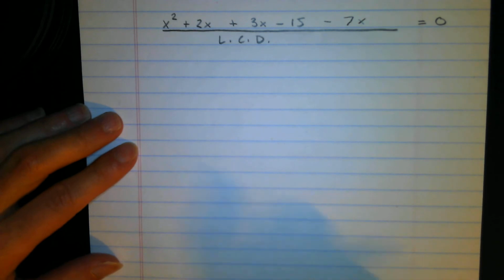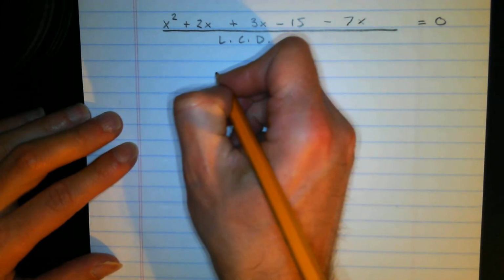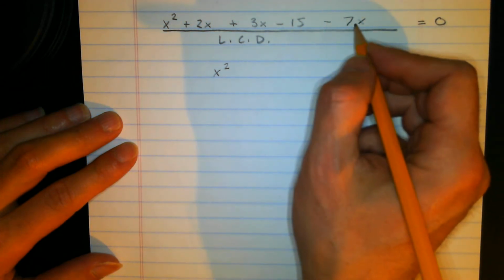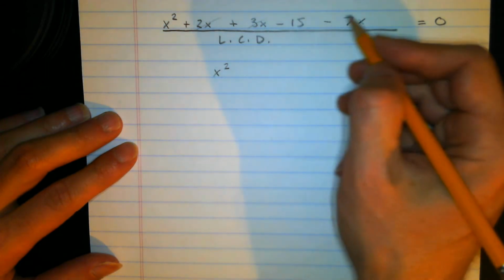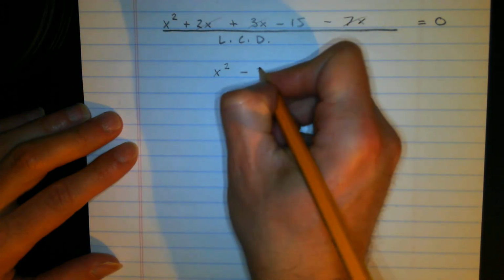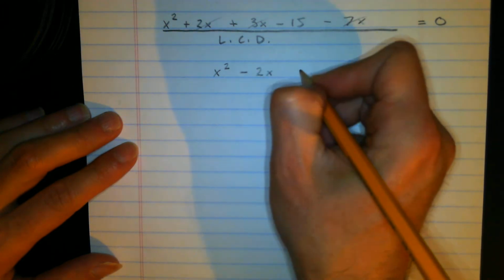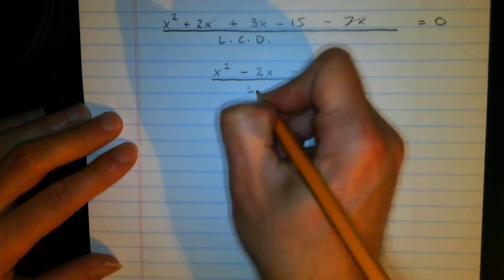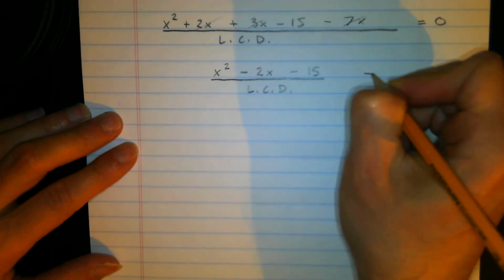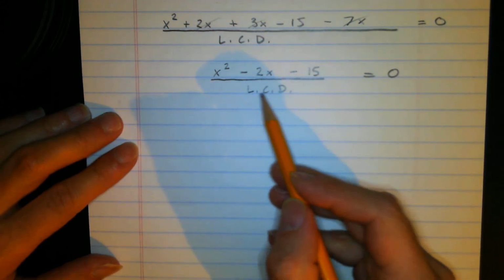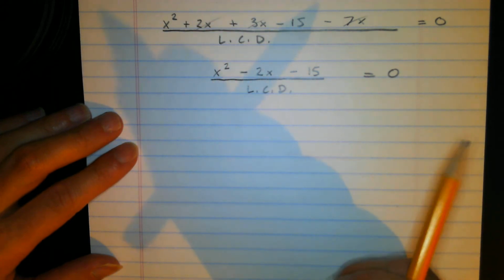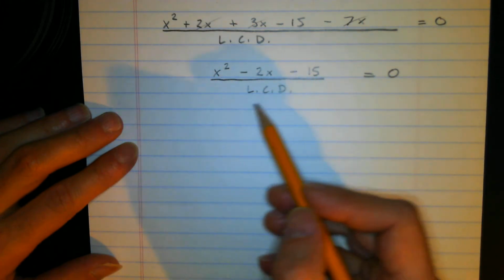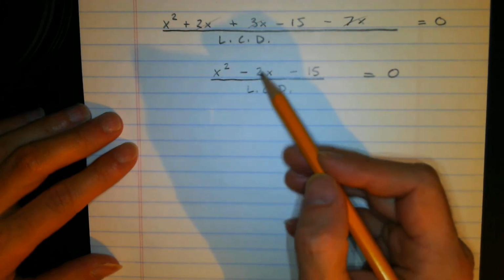All right, now if we collect our like terms, we're just left with x squared, 2x plus 3x is 5x, minus 7x is minus 2x, and then we've got minus 15. This is all over the LCD, equals 0. And now I can just cancel out the common denominator here. Okay, we've got a couple of factors down here. I could just multiply them to that side, or just apply that property that we said, a over b equals 0.